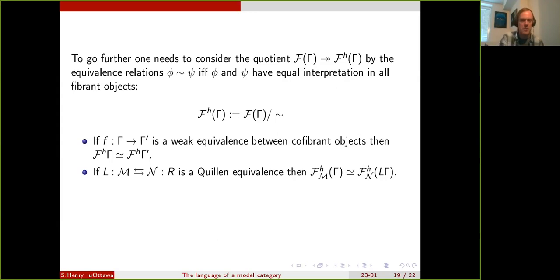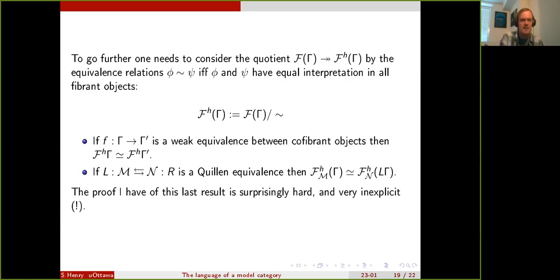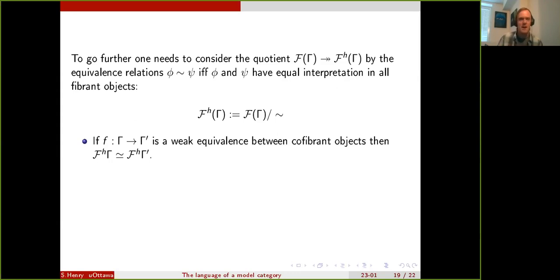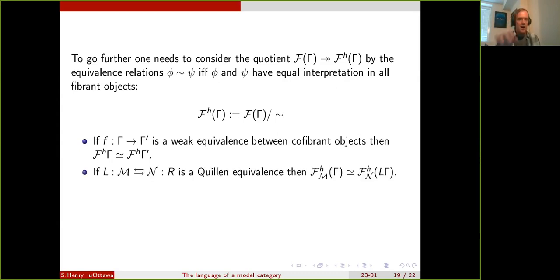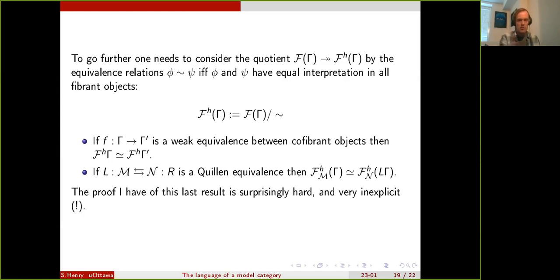Okay, now there's something I should say, which is that up to this point everything was extremely formal, extremely easy, either by direct induction on formulas or using the universal property of the objective formulas, or actually most of the time you can use both, and both are very simple to use to prove everything. This last point about Quillen equivalence is, at least to me, surprisingly hard, and the proof is very non-explicit.